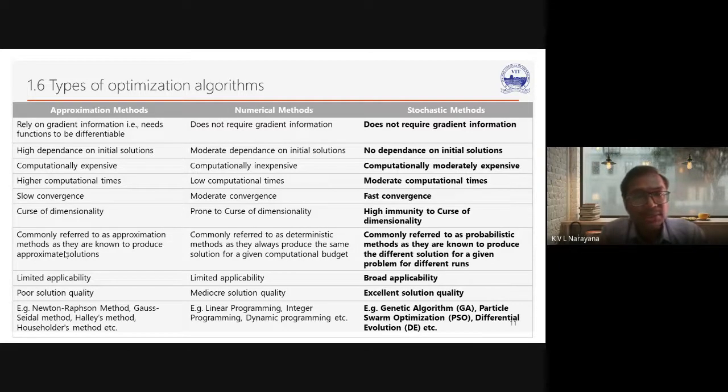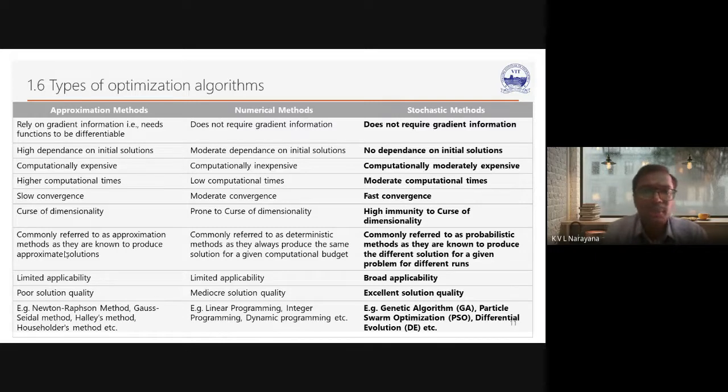If the functions are not differentiable in nature, then we have to go for either numerical or stochastic methods. So depending on the nature of the function, that problem must be mathematically represented with one function. If the function is differentiable, then only the approximation methods are suitable. If the functions are not differentiable, then we have to go for either numerical methods or stochastic methods.